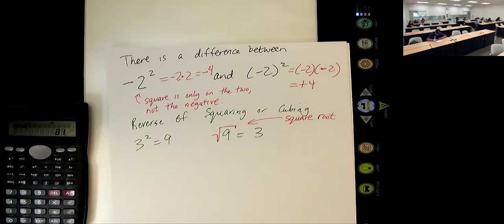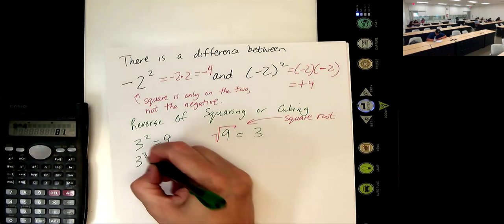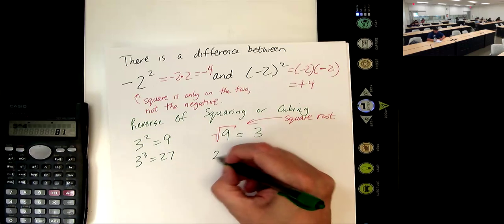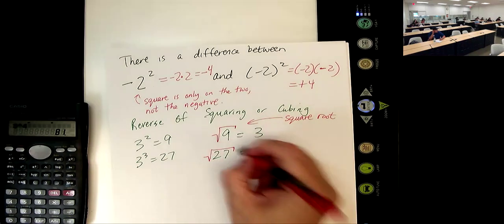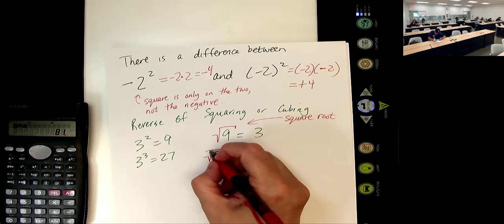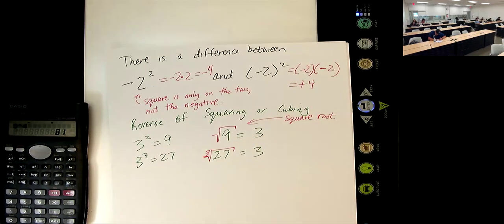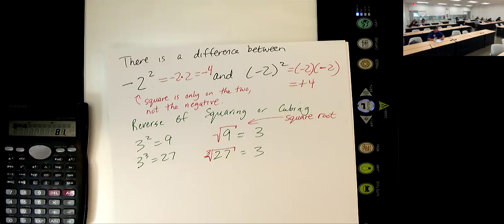And there's one that does cubing backwards too. It looks the same, but out here, we put a little 3 on the edge to indicate this is a cube root.